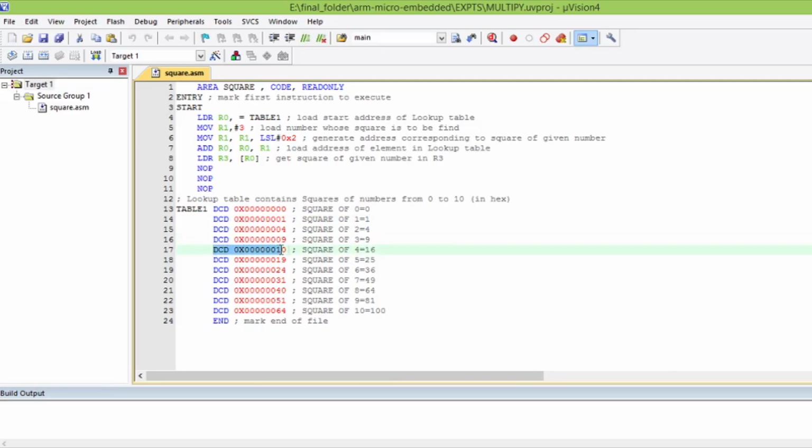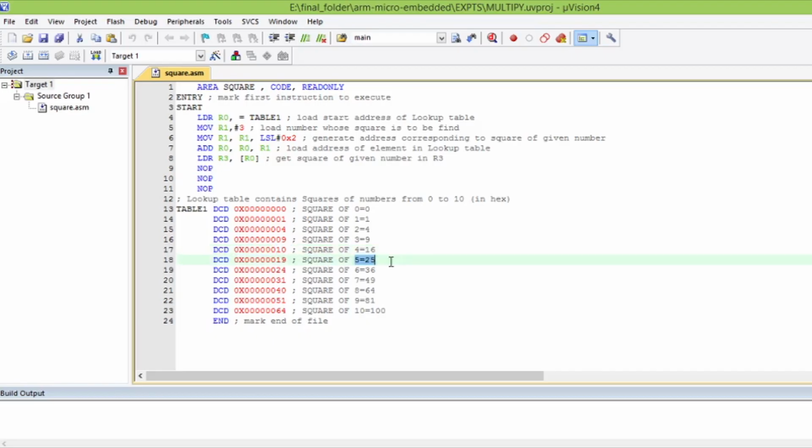But after that you can see there are some changes. We know that 4 squared is actually 16, but here the answer is stored as 10. The reason is, when you write DCD 0x and then the number, whatever number you're writing is nothing but a hexadecimal representation. So the hexadecimal representation of 16, which is a decimal value, is 10.